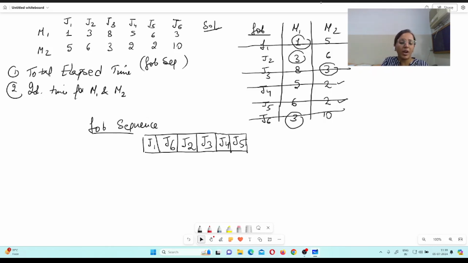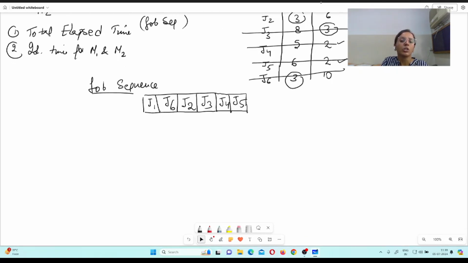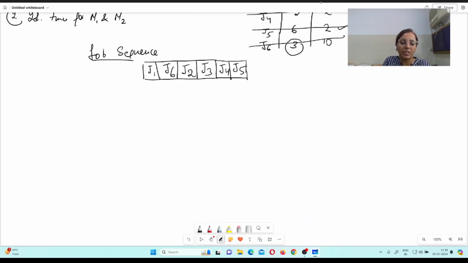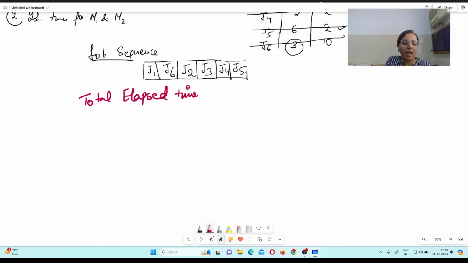Now we have to find the total elapsed time for both machines. Start writing it as a sequence over here. We have the machine 1 in time and out time, and for machine 2 also the in time and out time.